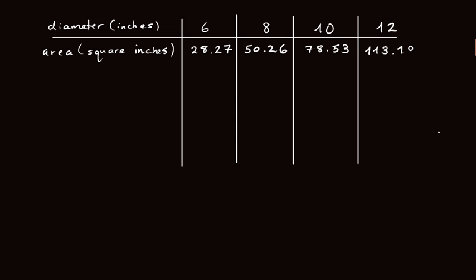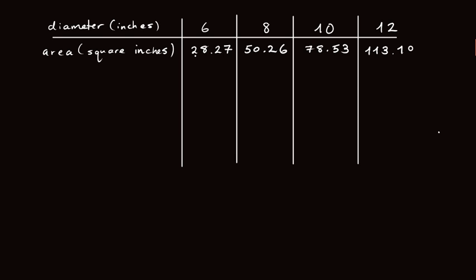So you've got your measuring tape out, and you have a way of measuring area, and you come up with the following measurements for pizza. Here's my table. Here's the diameter for each. I have a 6-inch pizza, an 8-inch pizza, a 10-inch pizza, a 12-inch pizza, and I've measured the area of each very carefully.